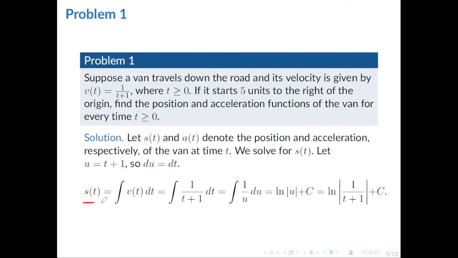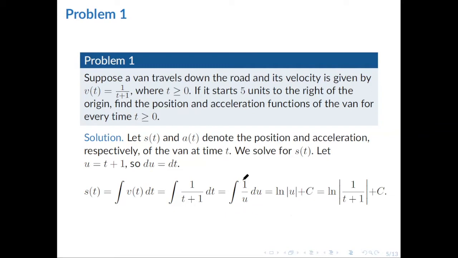So our S of t is equal to the integral of V of t dt. So we substitute 1 over quantity t plus 1 dito sa Vt natin. So ito na siya. Then we substitute u. Ayan. So magiging integral of 1 over u du siya.